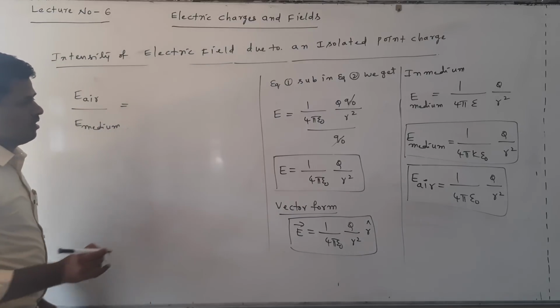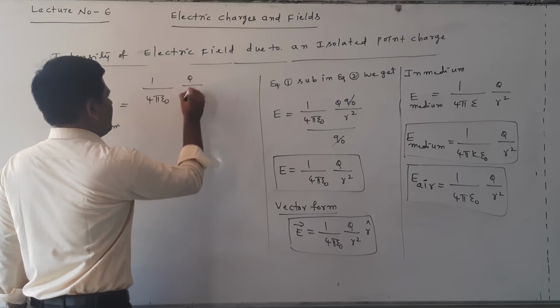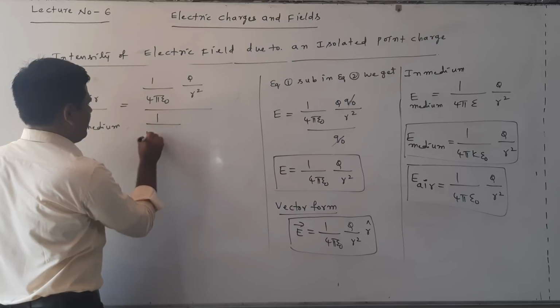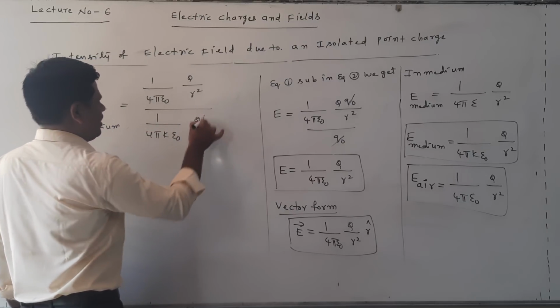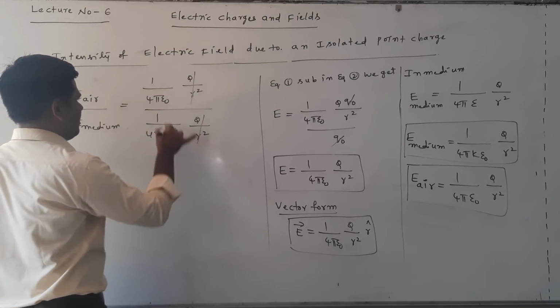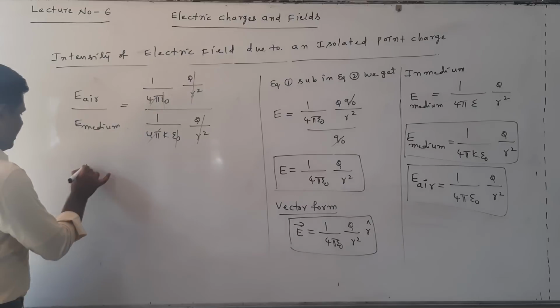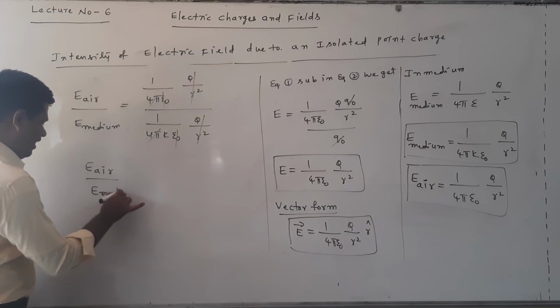E air by E medium is 1 by 4 pi epsilon naught q by r square, divided by 1 by 4 pi k epsilon naught q by r square. Here q by r square cancels, and 4 pi epsilon naught cancels. So E air by E medium is equal to k.